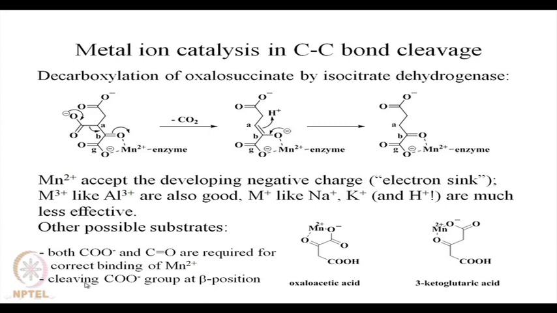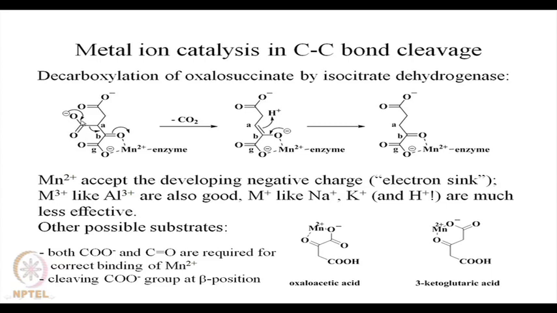And the requirement is cleaving the COO- group at the beta position. Okay. So, this is your alpha position, this is the beta position. So, this beta one is cleaved.